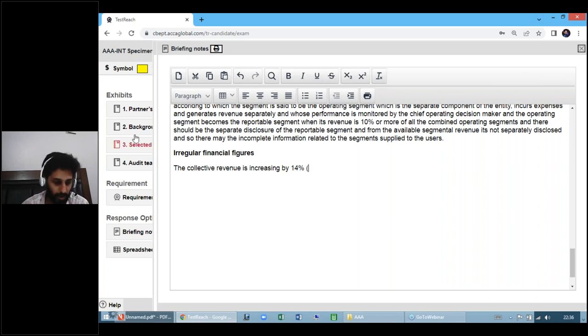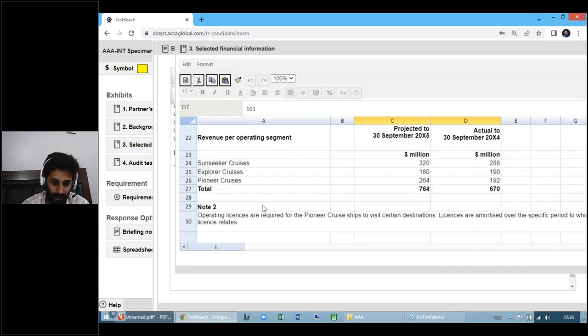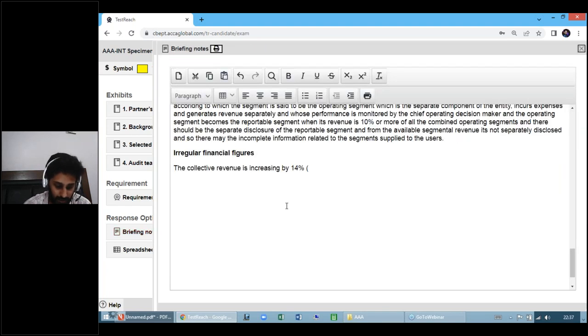If you want, you can refer to the figures. It's 764 minus 670, divided by 670.